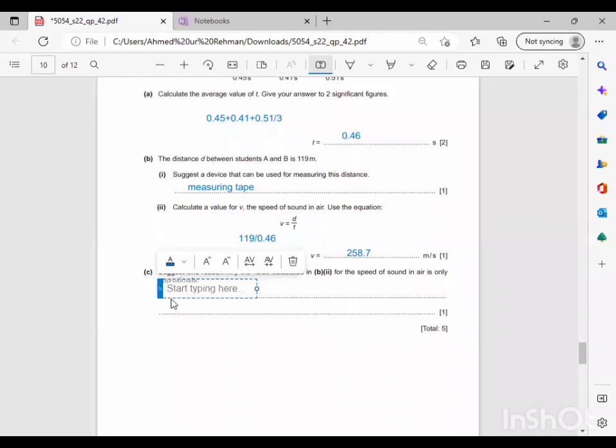So basically, the time recorded can be inaccurate because of reaction time error. Okay, that's it.